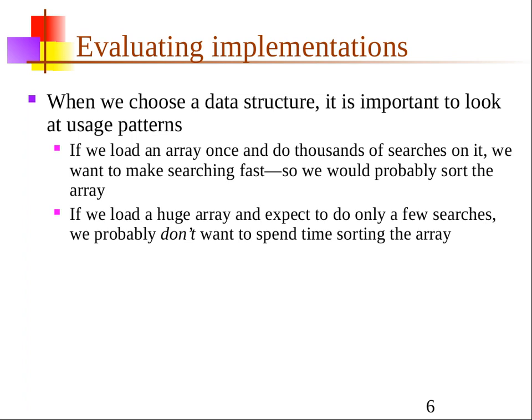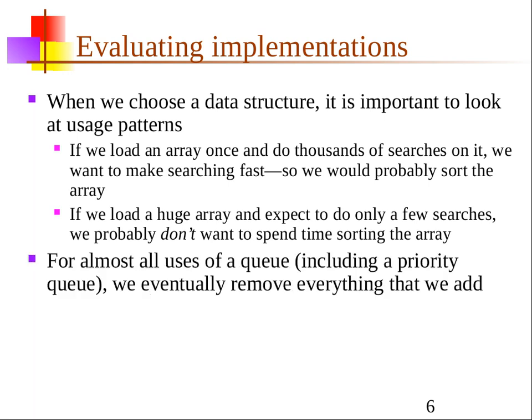If we load a huge array and only expect a few searches, you probably don't want to spend a long time sorting the array. So what they're trying to say here is, you have a huge array and you're going to do a lot of searching, or dequeuing, I should say. You probably should sort it because then you can do a binary search to find the right element. Of course, sorting is O(n log n), so that does incur a little bit of a penalty.